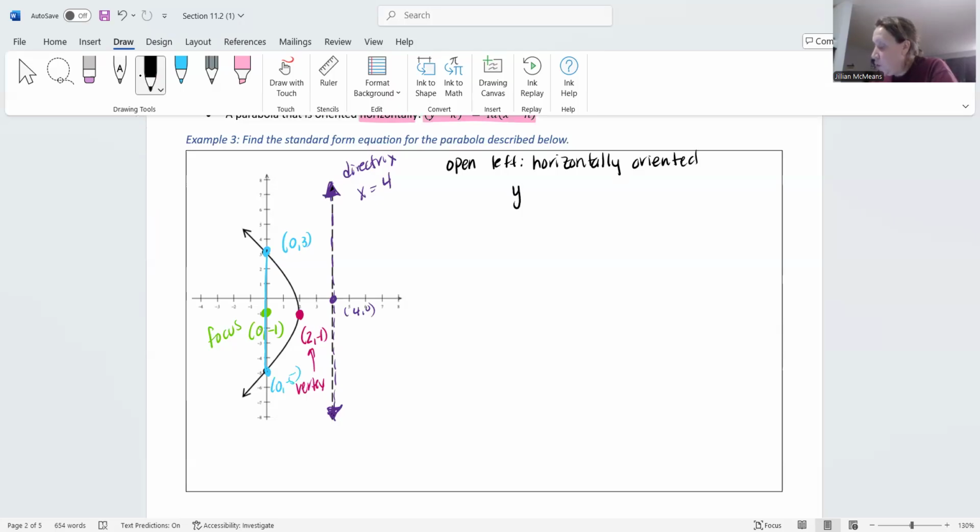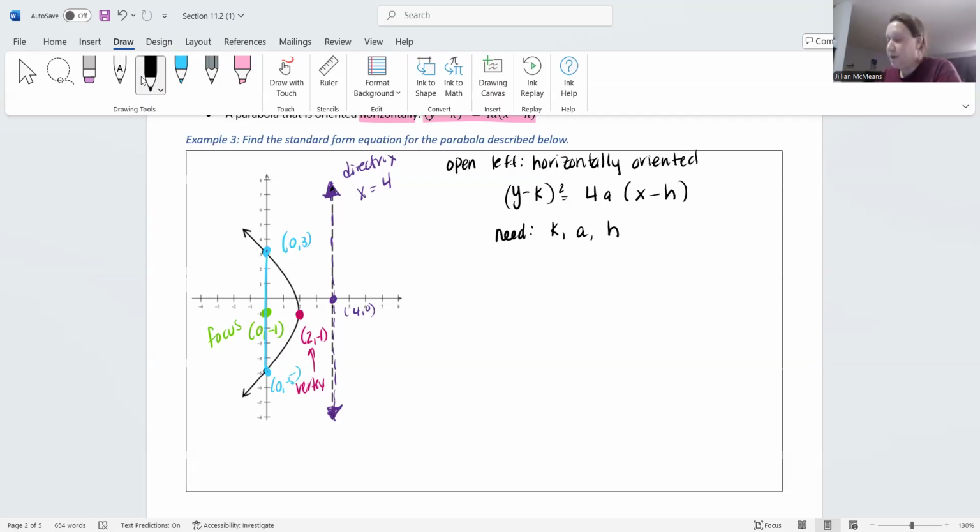And that's going to give us y minus k quantity squared equals 4 times a times x minus h. So that's the standard form that we're looking for. What do we need? We need values for k, we need values for h, and we need values for a.